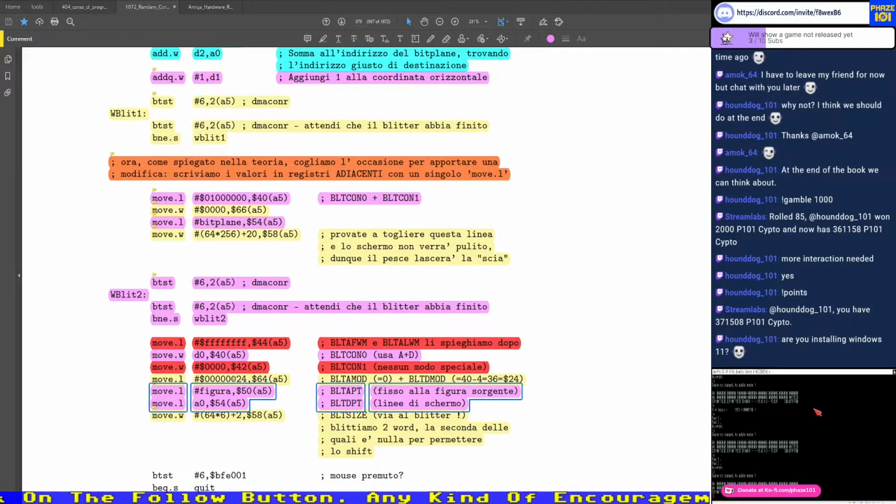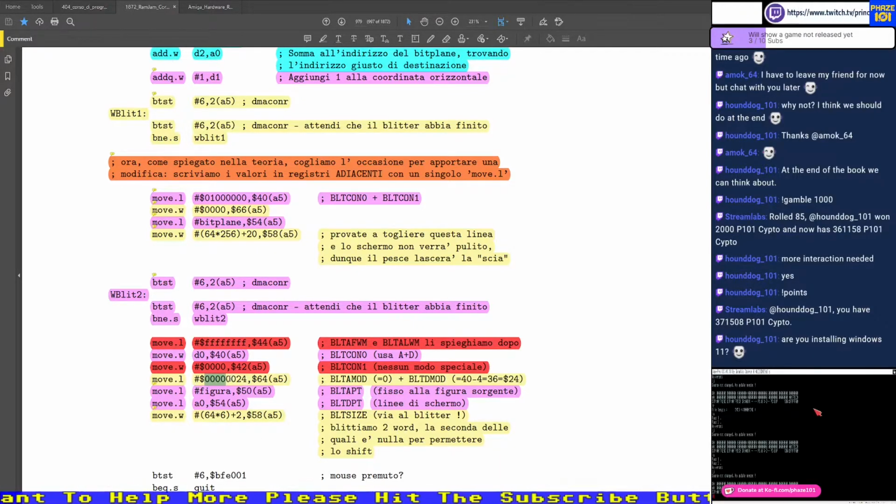Then we set the modulo for channel D and channel A. For channel A, there's no modulo. Remember, this is a move long. So the first 4 are 0.